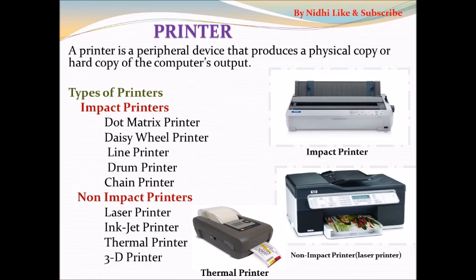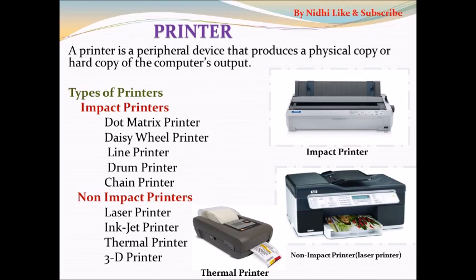Okay. So these impact printers are more noisy as compared to non-impact printers. Non-impact printers do not allow physical contact between the printing head and paper, and they use a chemical process to do the printing. They do not strike against the inked ribbon or the paper which is being printed. Only the ink used for printing touches the paper.